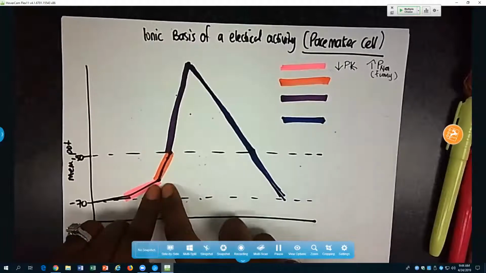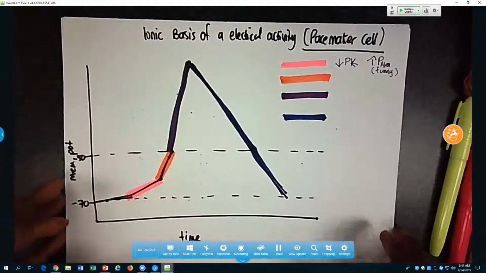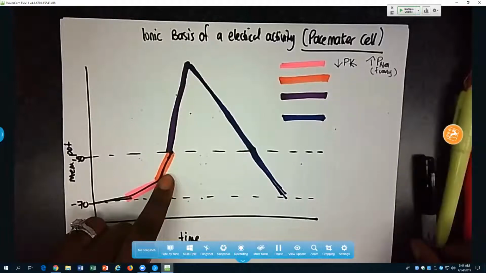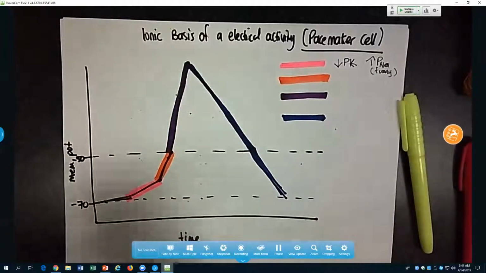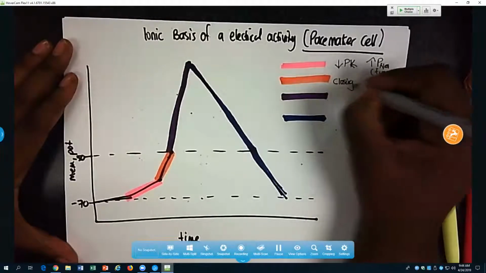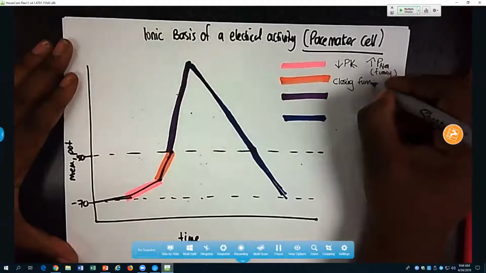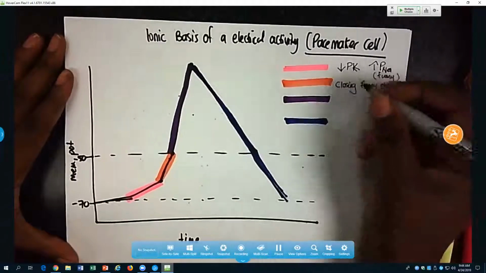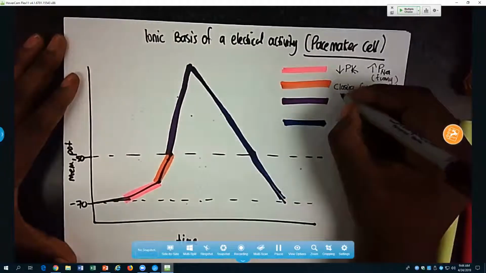This is going to trigger the opening of calcium channels, but these are slow calcium channels. Okay? So at this point, we're going to have closing of those funny channels and opening of calcium channels, slow calcium channels.